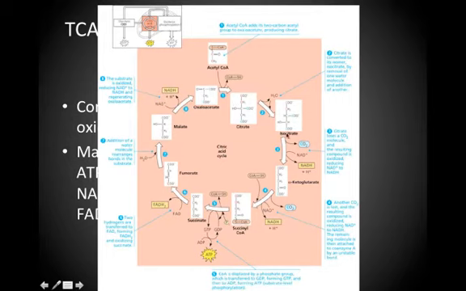I'm not going to ask you to memorize each step, but I will ask you to understand what's going on. You do need to know that carbon dioxide is lost, we create NADHs, and where this happens. You need to know some of the nitty-gritty about GTP and ATP, and why FADH2 is used instead of NADH. The more questions you ask in class, the more you'll understand.